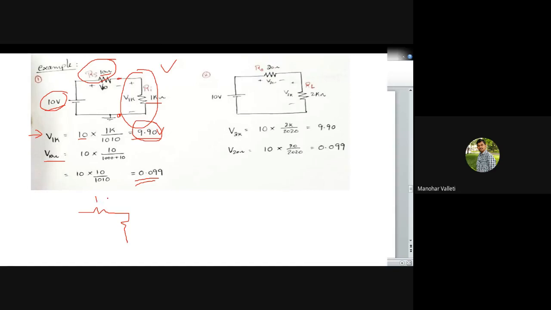Let us say this is 10 ohm and this is 50 ohm. Then if you apply 10 volts, how much do you get at the 50 ohm? 10 multiplied by 50 divided by 60, so almost 50 by 6.